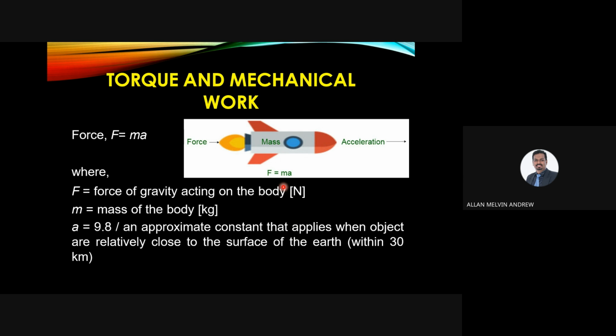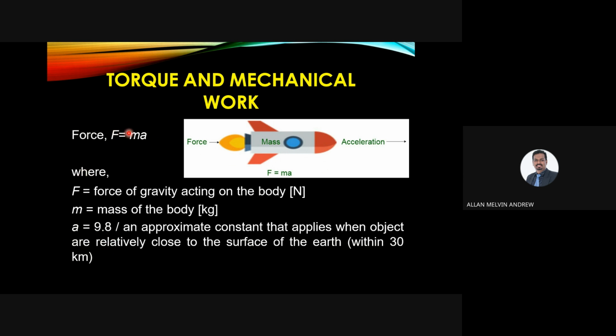Okay, the first thing that we commonly calculate is the force. So force, F equals ma. Okay, F equals ma is actually representing the force of the body within a 30 kilometers radius close to the surface of the earth, where we experience a gravity acceleration of 9.81.